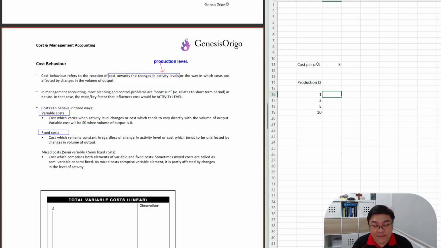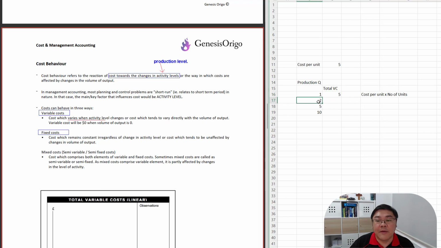So indirectly, we are taking the cost per unit and multiplying it by the number of units. That's how we derive what we call the total variable cost. You agree?